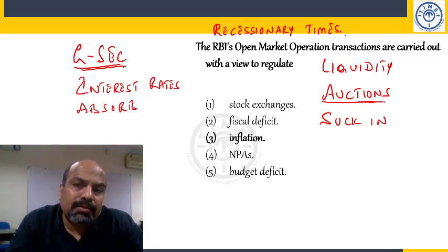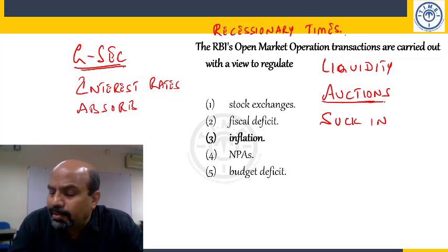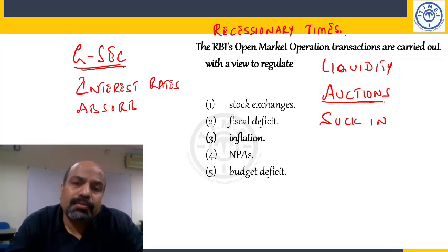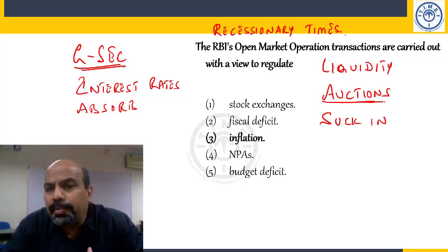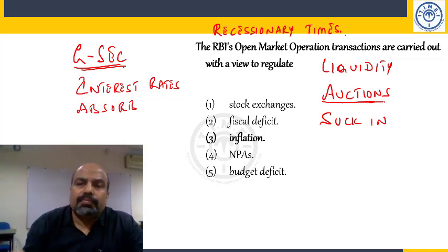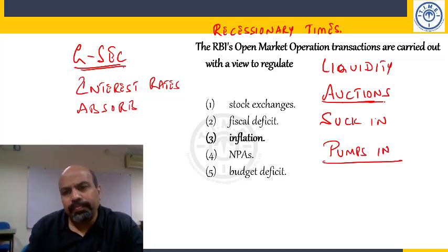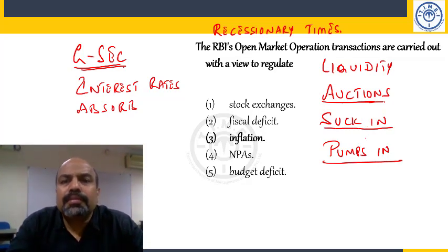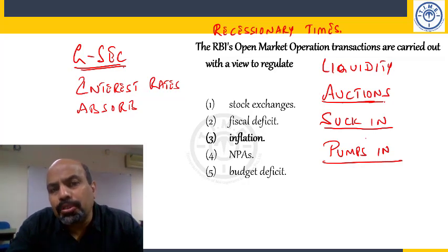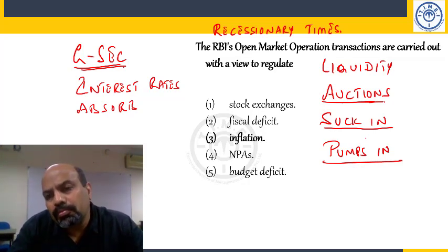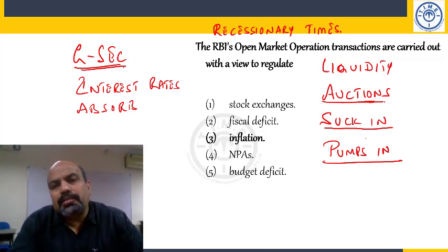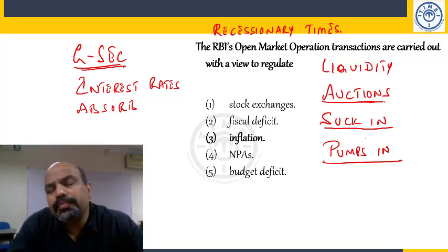By buying the government securities, next point, by buying the government securities, the RBI pumps in money into the market, or into the economy. Full stop.